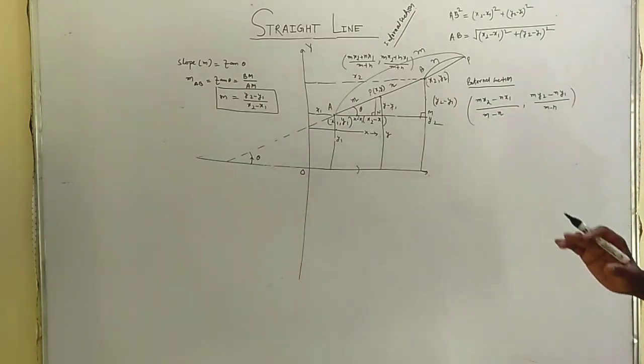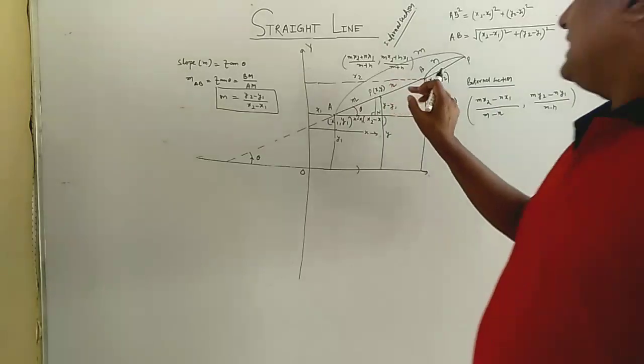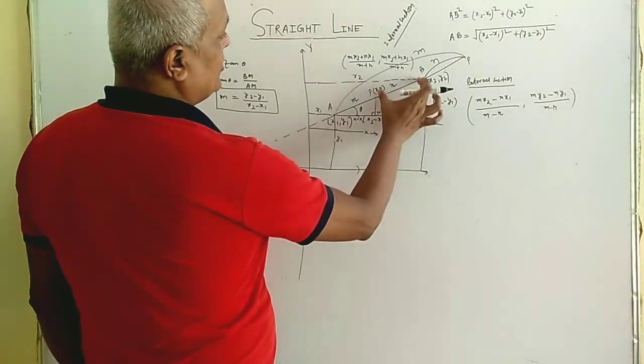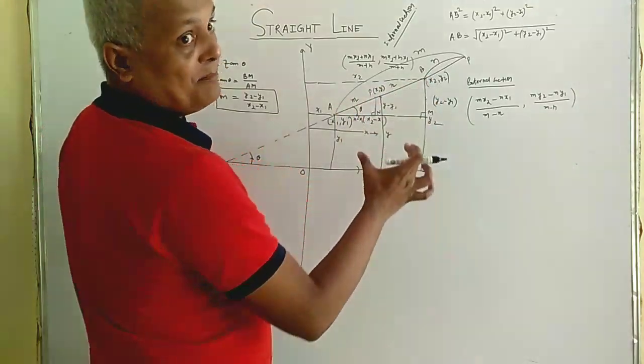So again we go for the midpoint. Midpoint means if P lies internally between them, the ratio m is to n becomes m is to m, both same.